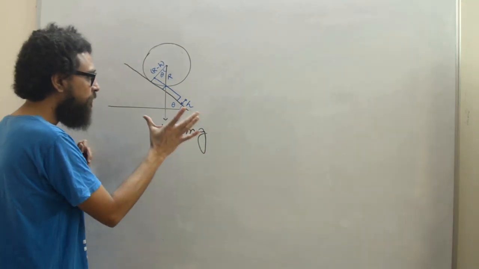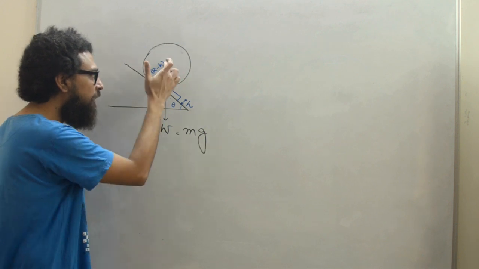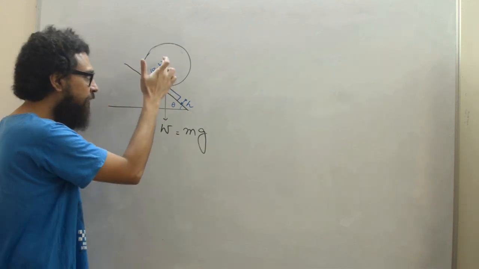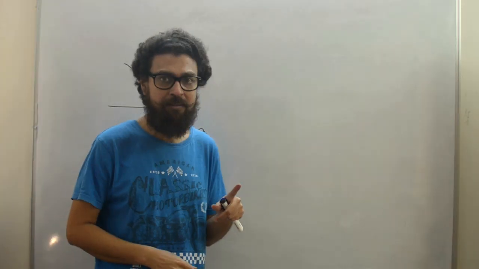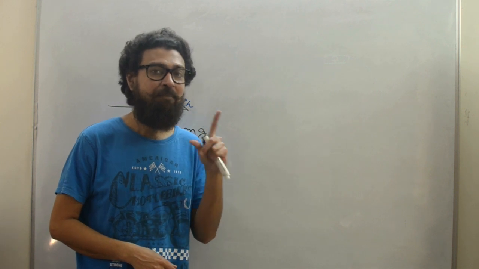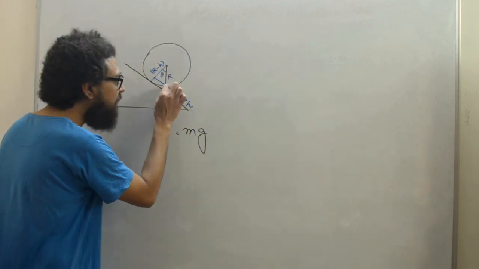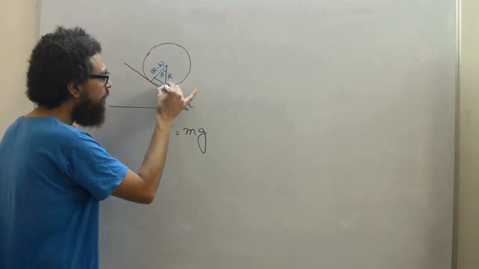This weight is always acting vertically downward, and through the center of the sphere, when this weight acts, it is intersecting the sphere at a particular point, and that point is very, very interesting, I'm telling you. You can see this point.